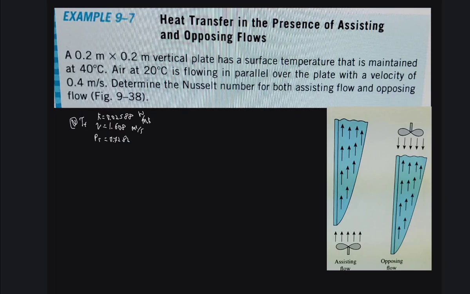So let's do that. We have this table of information at the film temperature, and we know that this is air. Air is not water.